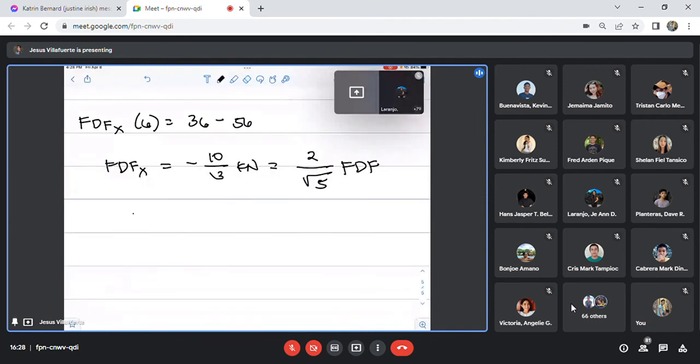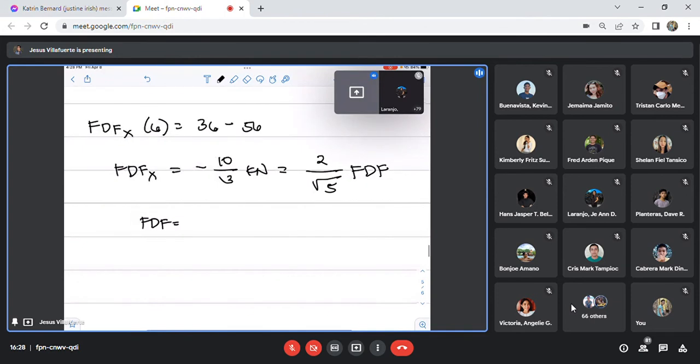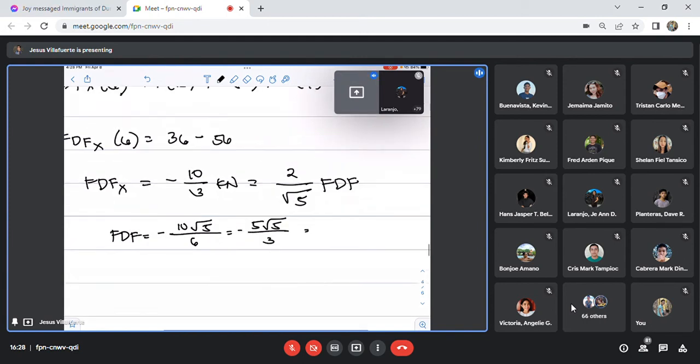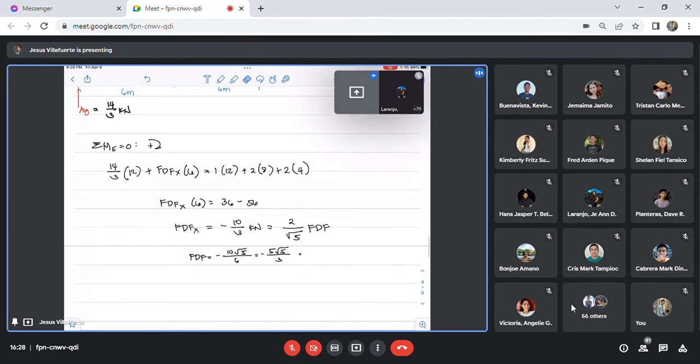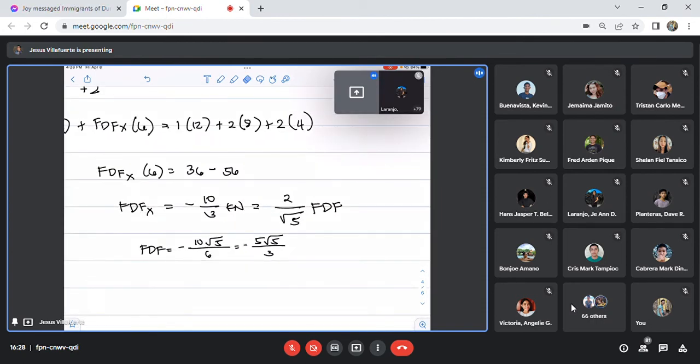So your FDF is, how much, class? Negative 10 the square root of 5 over 6, or equals 5 the square root of 5 over 3, negative, kilonewton.